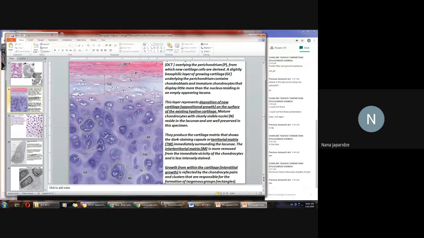For example, hyaline cartilage or fibrocartilage or elastin cartilage. They are quite strong types of tissues, and at the same time they are very flexible, due to the content of extracellular matrix.